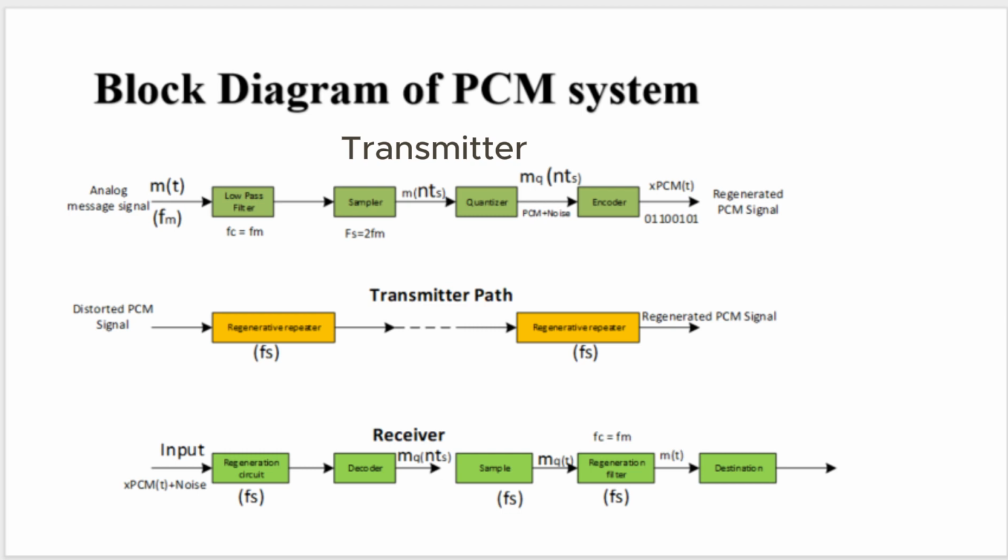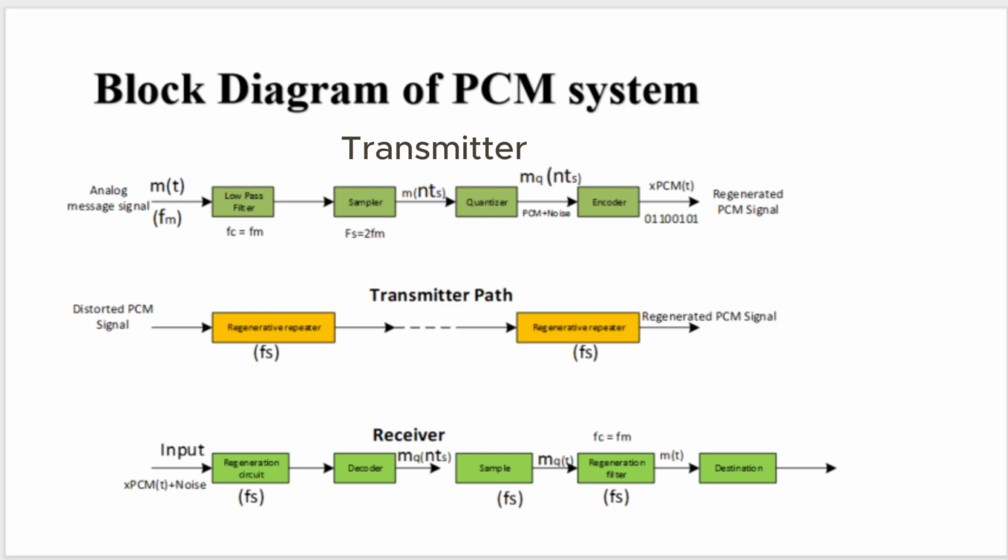In the PCM transmitter, the signal m(t) is first passed through a low pass filter of cutoff frequency fm Hertz. This low pass filter blocks all frequency components above fm.